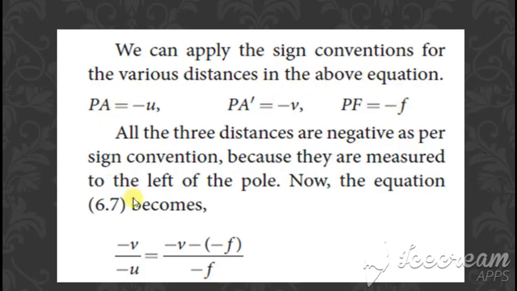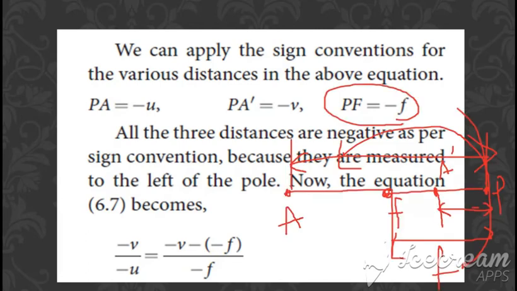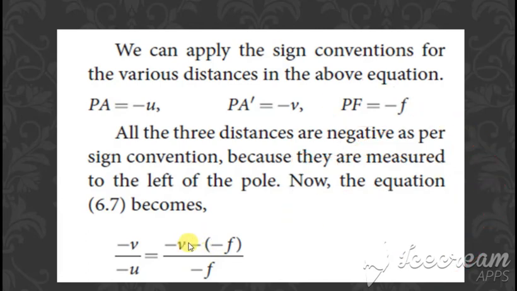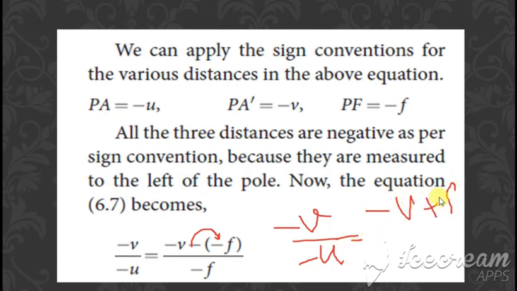Substitute all these values in the earlier equation. We get minus V divided by minus U is equal to minus V minus of minus F divided by minus F. Now minus into minus is plus. So we get minus V divided by minus U is equal to minus V plus F divided by minus F. The minus signs cancel.